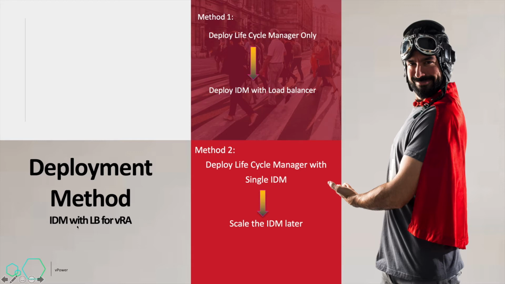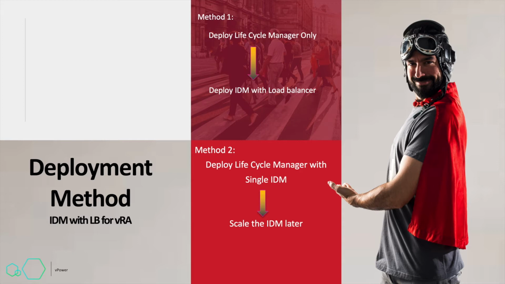This is just with respect to identity manager, so I'm just going to talk about identity manager only. The second method could be to deploy your lifecycle manager with a single identity manager, and later on you can scale it to the clustered mode. Basically, you need either one node for a normal deployment, or a minimum of three to make sure it is highly available.